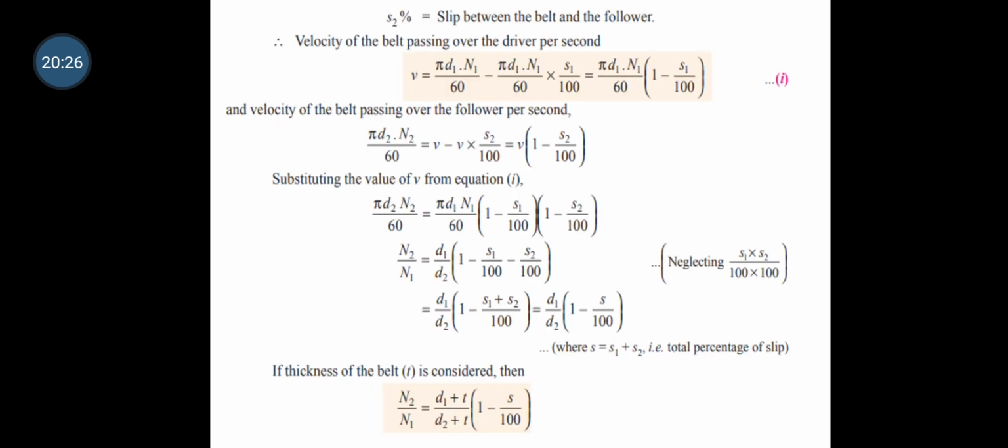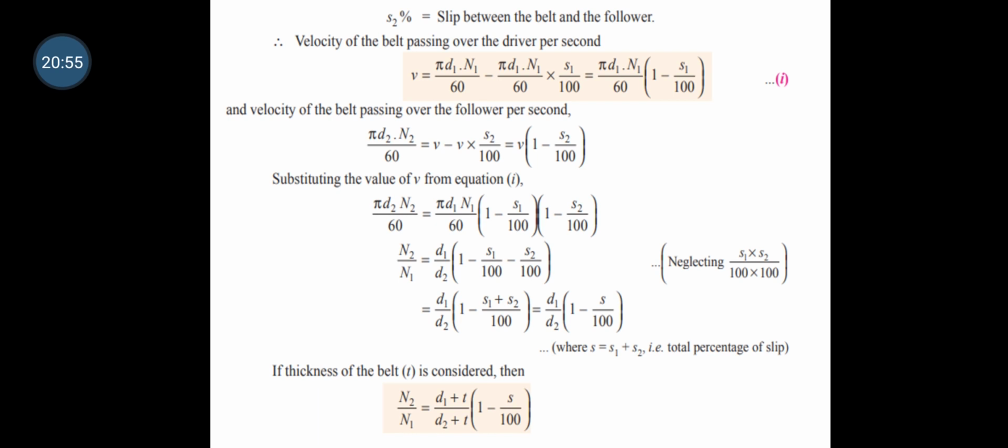The velocity of the belt passing over the driver per second: V is equal to pi d1 n1 divided by 60 minus pi d1 n1 by 60 into S1 divided by 100. By solving this equation, V is equal to pi d1 n1 divided by 60 into 1 minus S1 divided by 100.